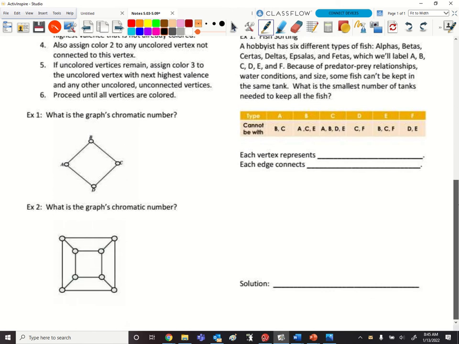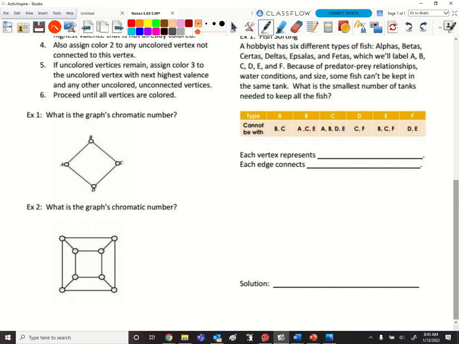In an example, let's look at this. What is the edges here? Okay, what's the valence here? At any one of these points, actually they're all the same, so what is the valence on this? What was valence? Number of edges.